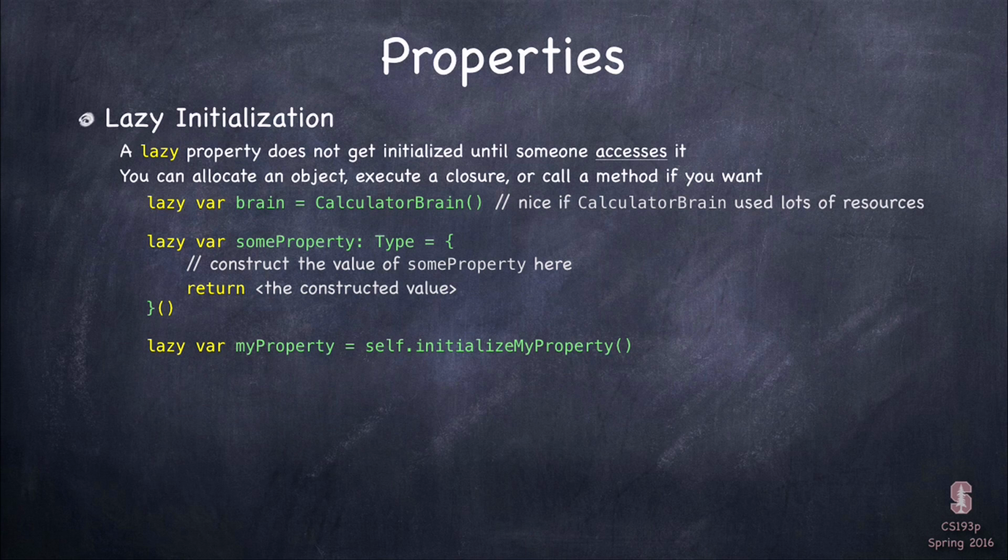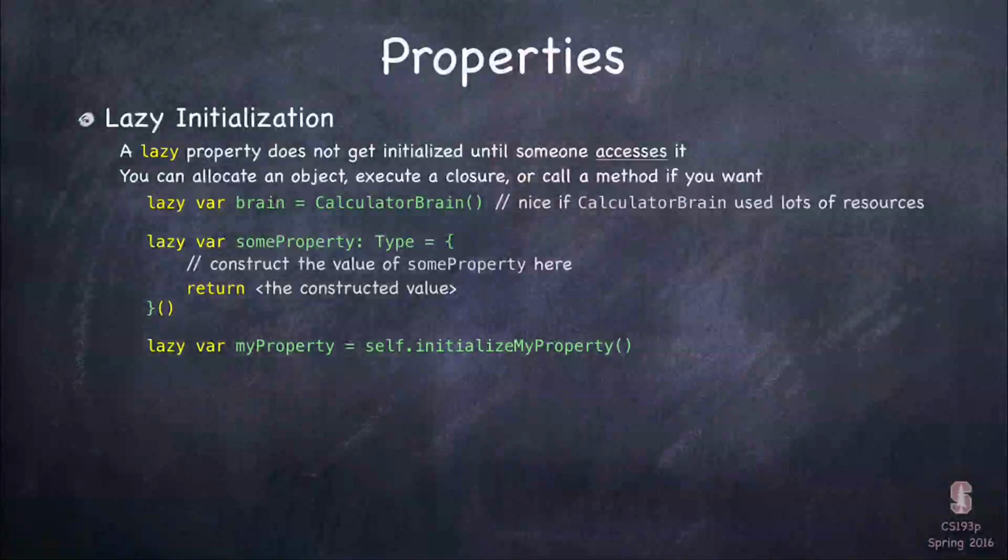And how about this one in the middle here? Some property of a given type equals a closure with open parentheses, close parentheses on the end. This just means initialize this by executing the code inside this closure. It's very similar to doing self.initialize my property, but you're putting the code in this closure instead of putting it in initialize my property, whatever that method is.